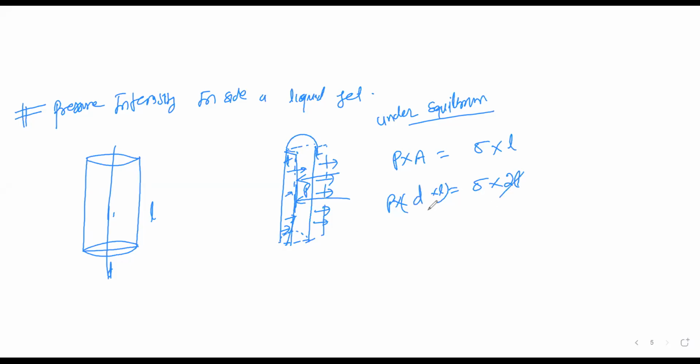So L gets cancelled, and the pressure intensity is equal to 2 sigma by d in a liquid jet.